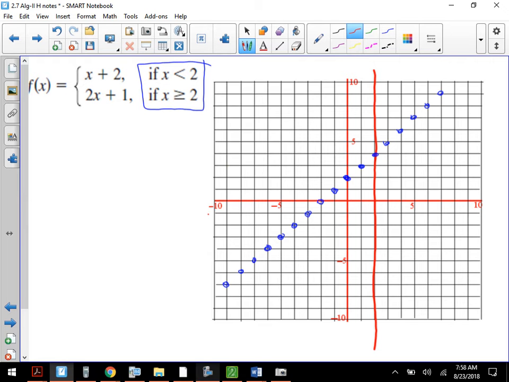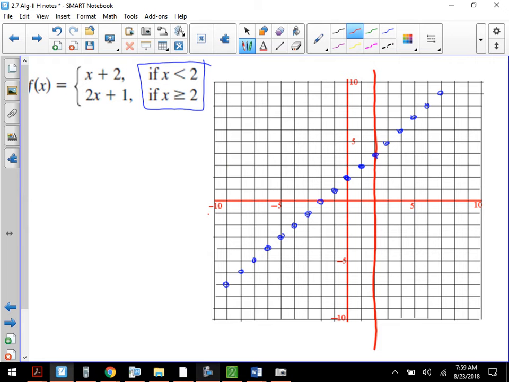Now I'm going to go and look at my restriction. This graph should only be graphed for when values of x are less than 2. So I go to my line of 2, and I need to pay attention to something. I want all my x values to be smaller than 2, which means my graph should be coming this way. But what should I do to that 2 right there?